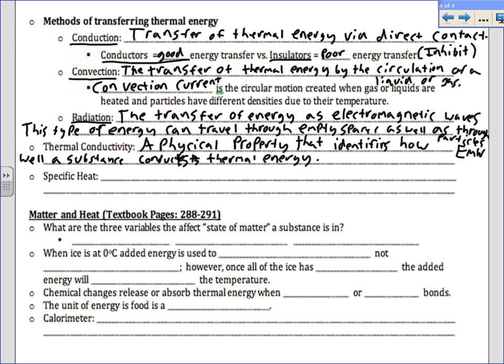Now, another term would be specific heat.